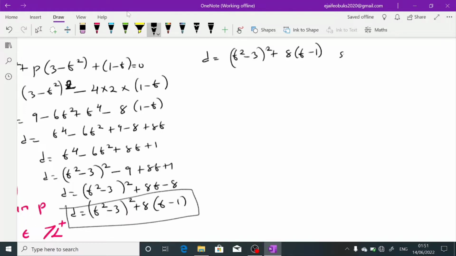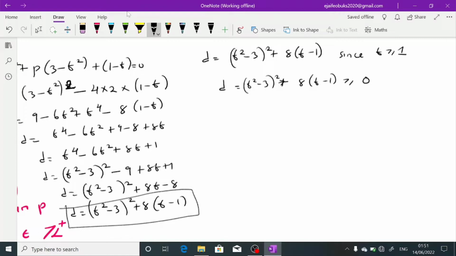And since d is greater than or equal to 1, you know that d plus 8t minus 1 is greater than or equal to 0.